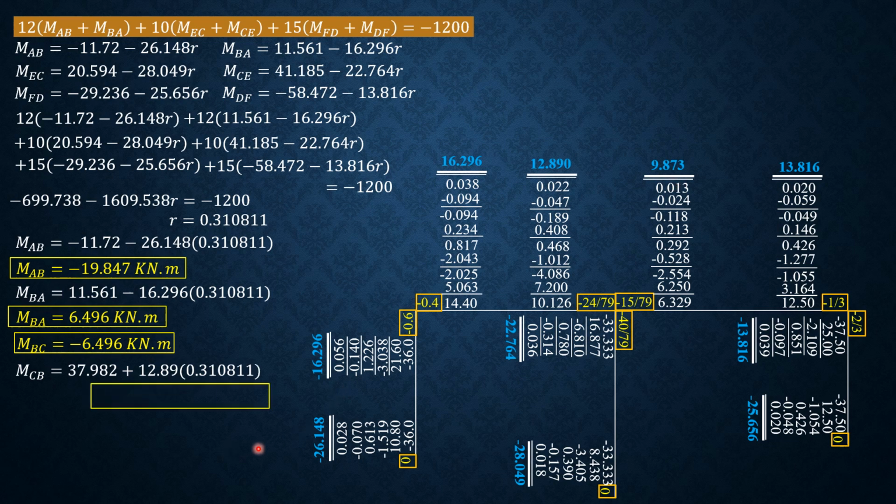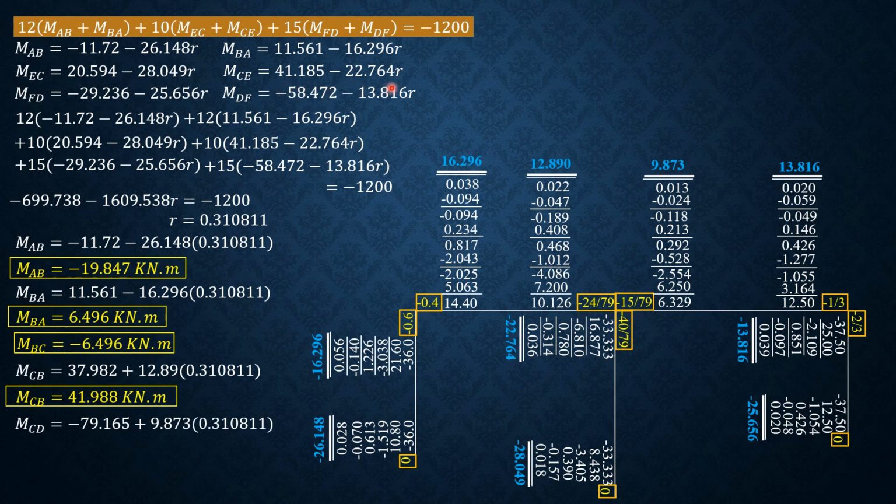Moment CD is equal to negative 76.096 kilonewton meter. Moment CE is 41.185 minus 22.764 times 0.310811. So moment CE is equal to 34.110 kilonewton meter.